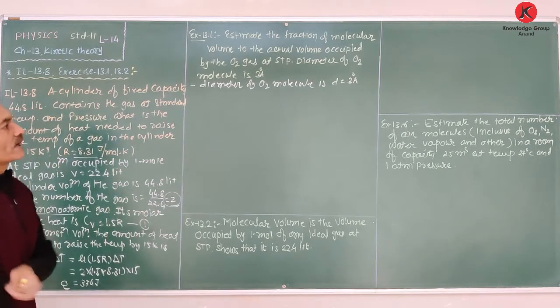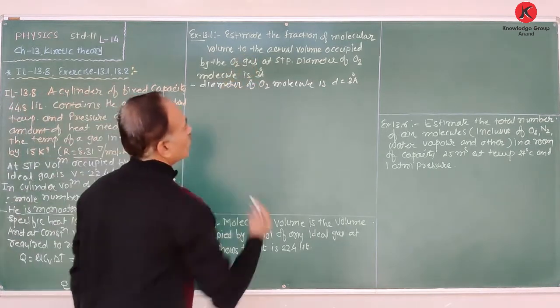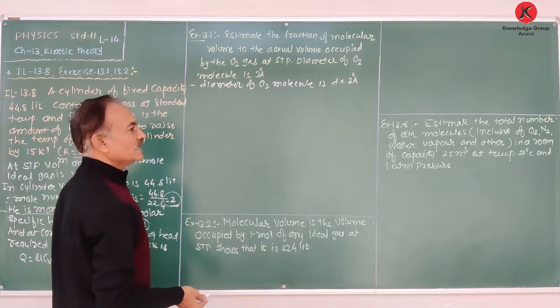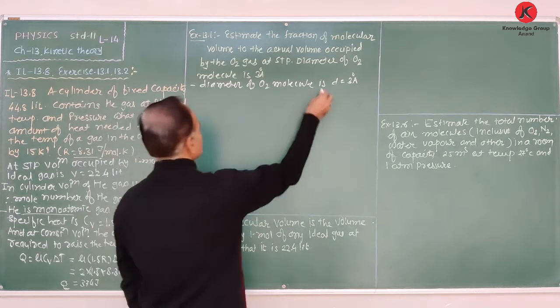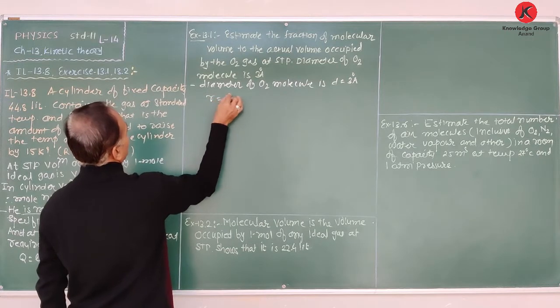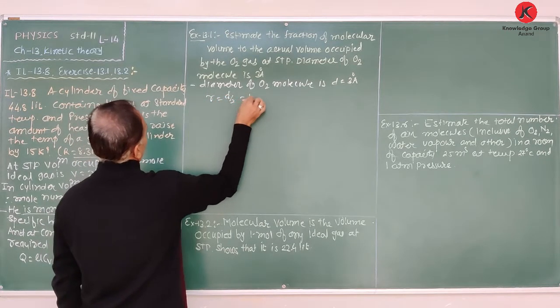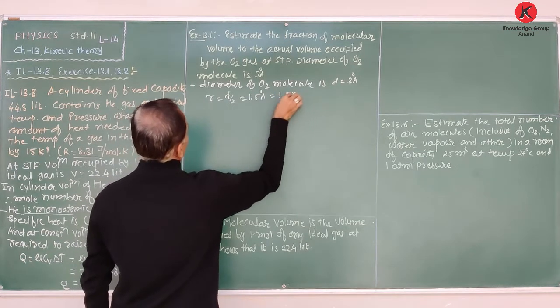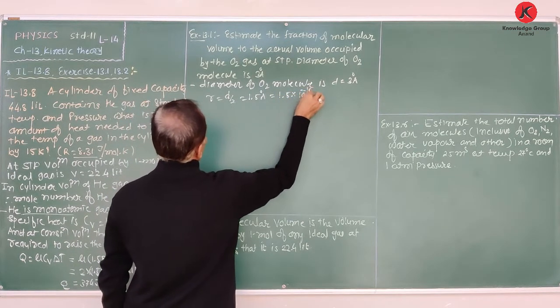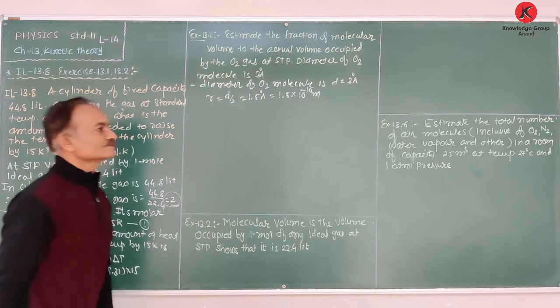Clear this? Okay. Therefore, the diameter of the O2 molecule D is equal to 3 angstrom. Therefore, radius R is equal to D by 2, which is 1.5 angstrom, which is 1.5 × 10^-10 meter.